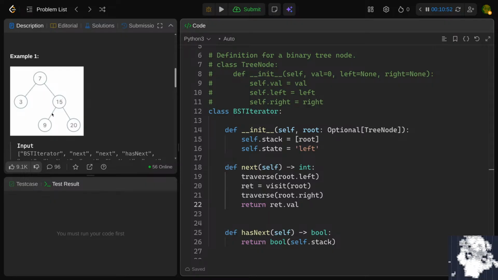No, because you have to go left sometimes. I guess after you go up, so let's say we've just yielded 9. Now we have to yield 15. So after going up, you yield yourself. Oh, I can't believe how confused I'm getting here.